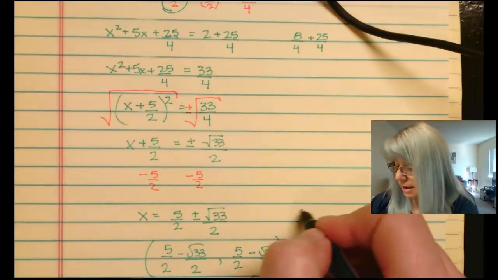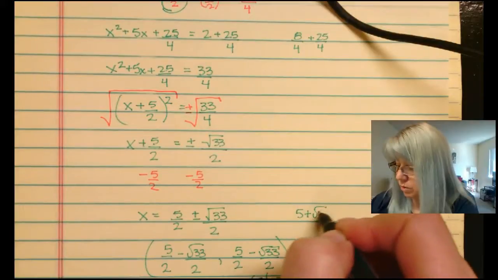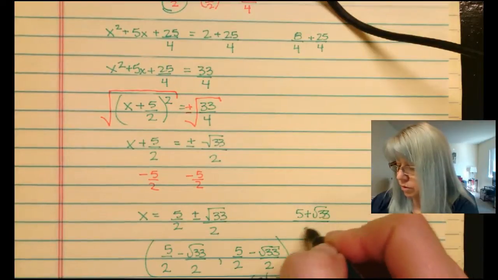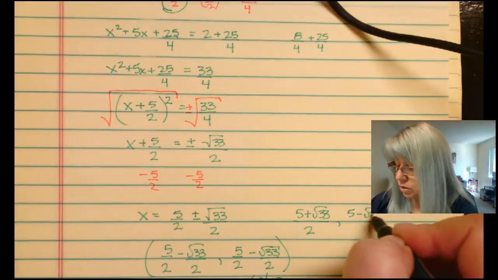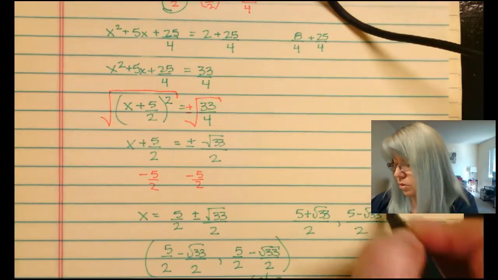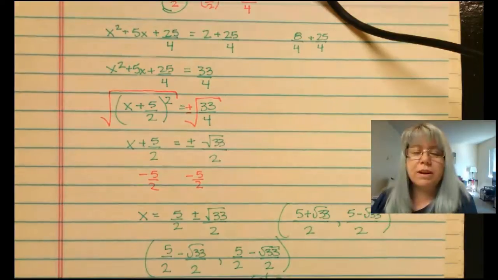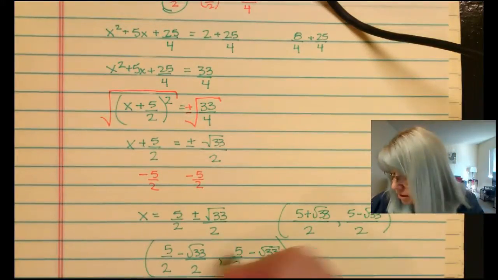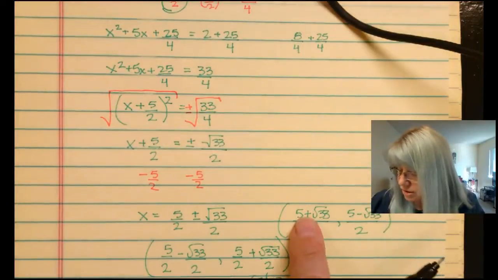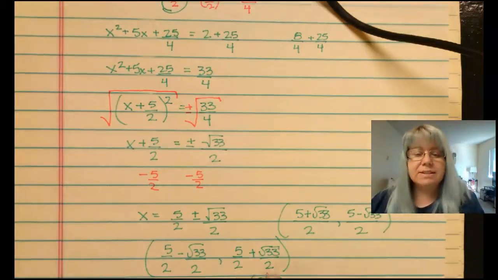So it looks like negative 5 plus the square root of 33 all over 2, and negative 5 minus the square root of 33 all over 2. Either one of those will work, and in any order works too. You could have the addition first or the addition second. Doesn't matter.